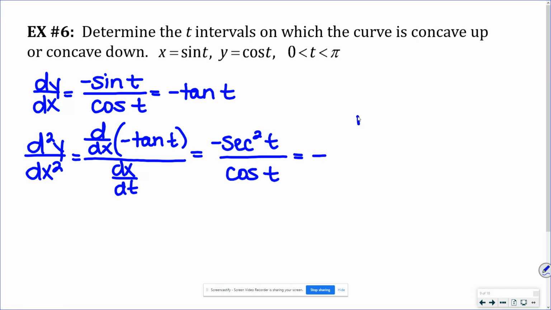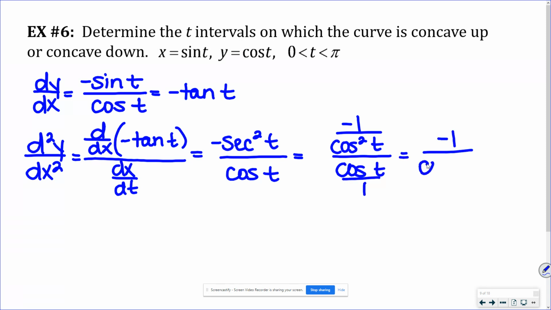Secant squared is 1 over cosine squared. You could throw the negative up there rather than the front, divided by cosine. And if you do outer inner, you would get negative 1 over cosine cubed t. That would be totally simplified. Okay, there's your second derivative in its most simplest form.